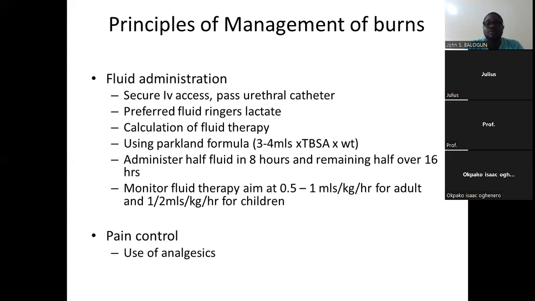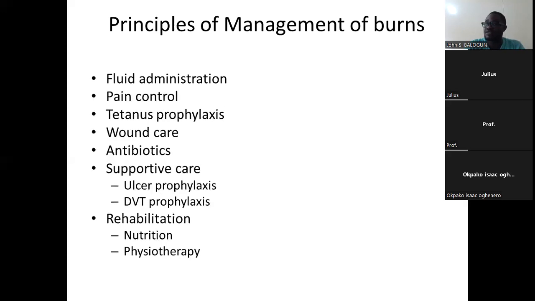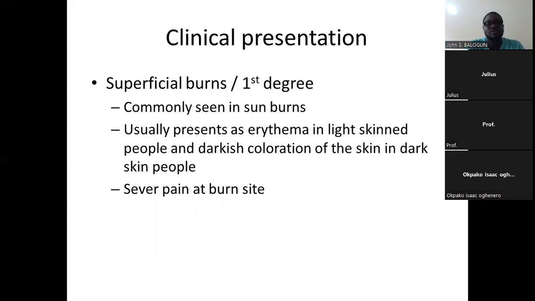Burn generally can be classified into major burn and minor burn. I gave you two classifications earlier on. I gave you based on thickness: first degree, second degree, third degree, fourth degree. It can also be superficial partial thickness, deep partial thickness, and full thickness burn.